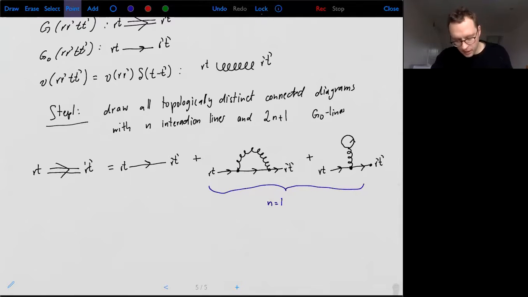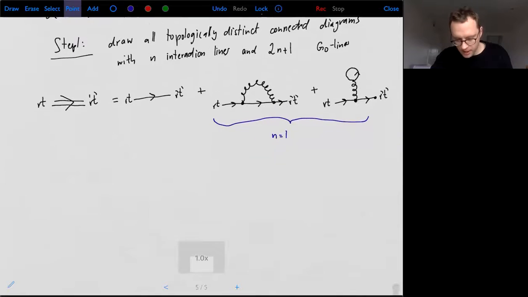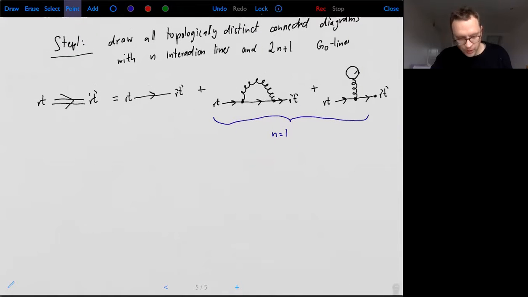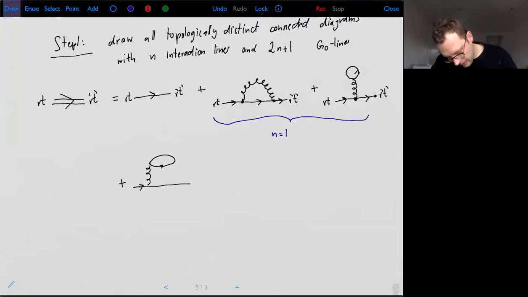So these are the lowest order ones. Now let's also draw the ones with 2 interaction lines, and there's quite a number of them. So let's see. We could have something like this, where the electron propagates, creates an electron hole pair, which then annihilates, and the photon is reabsorbed by the original electron.